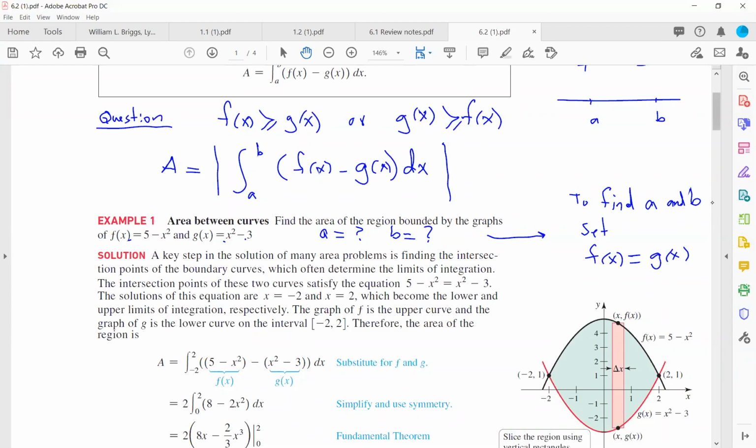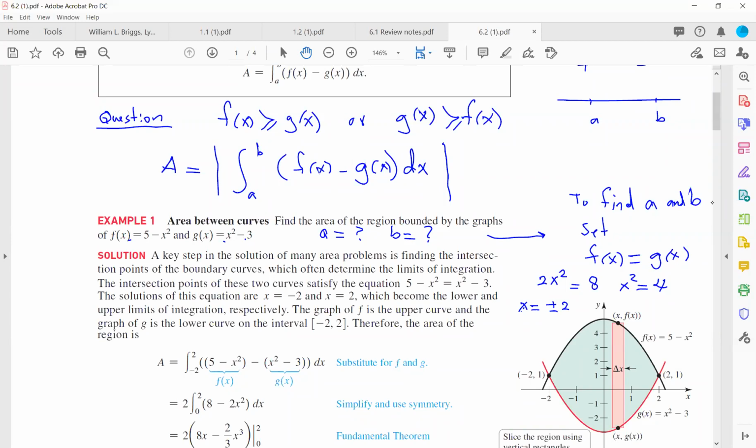When you set them equal to each other, you get 5 minus x squared equals x squared minus 3. You get 2x squared equals 8, or x squared equals 4, and you get two solutions. x can be 2 or negative 2.